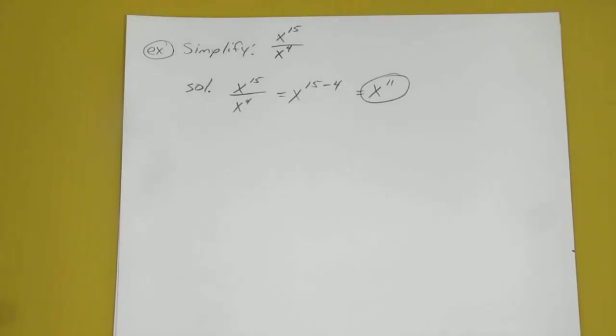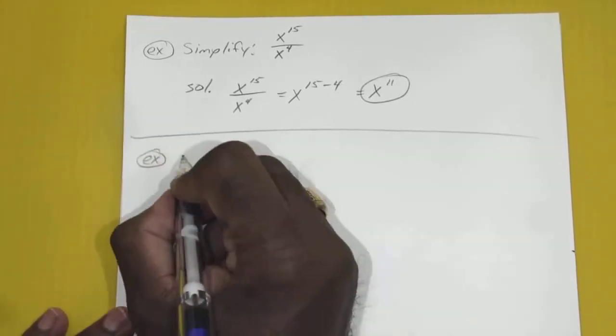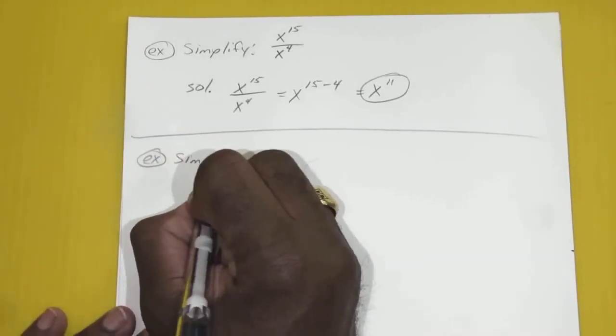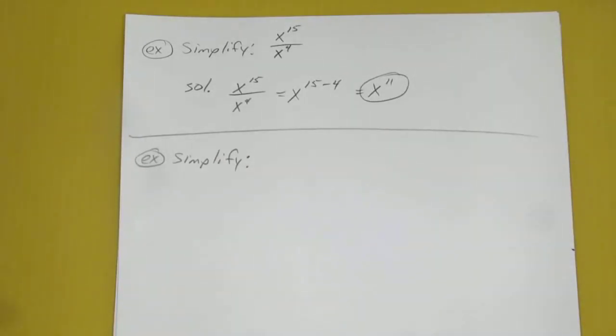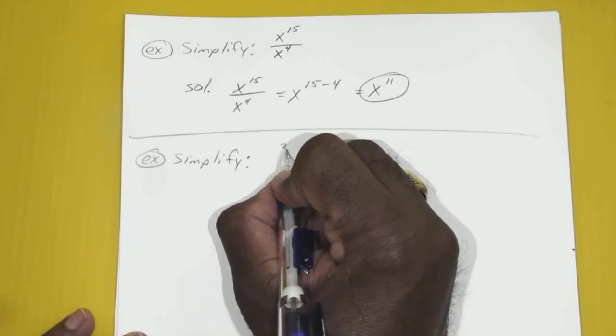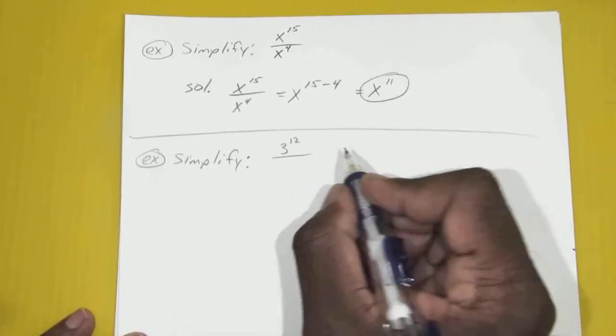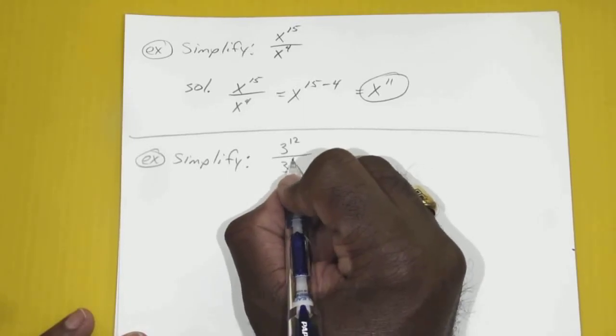Okay. But instead of x, we had to simplify actual numbers. Let's say 3 to the 12th power over 3 to the 5th power.